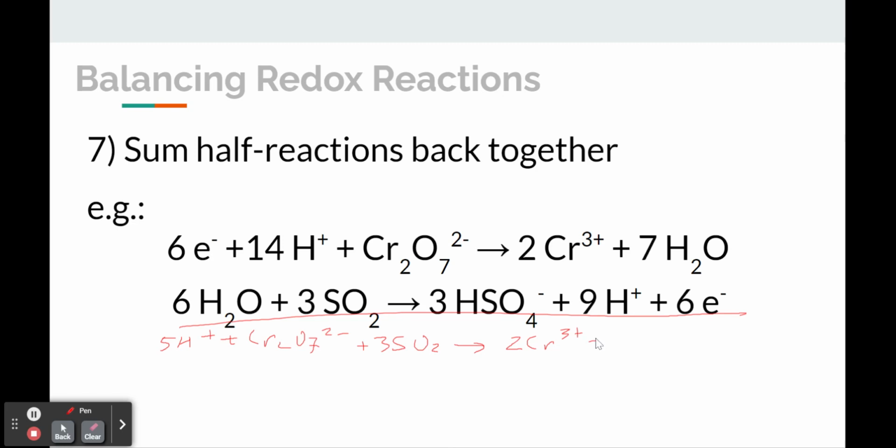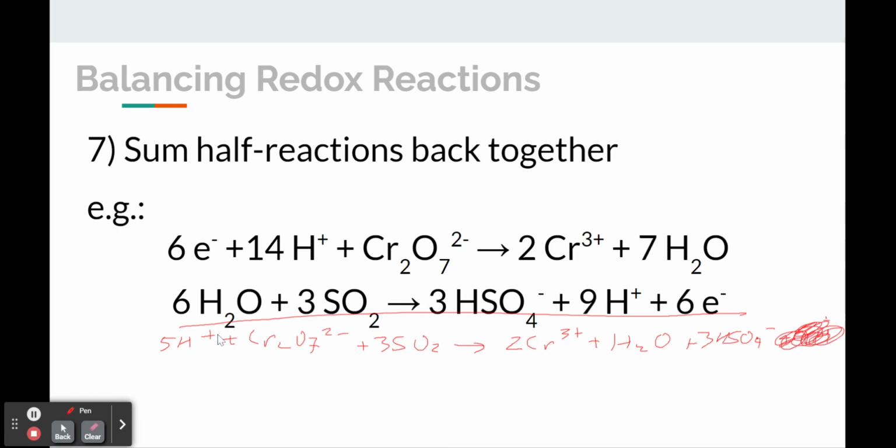We ended up having only 1 water because it canceled out with the 6 waters. And then we had 3 HSO4-. The 9H+ weren't there. Okay, so there's our overall balanced equation.